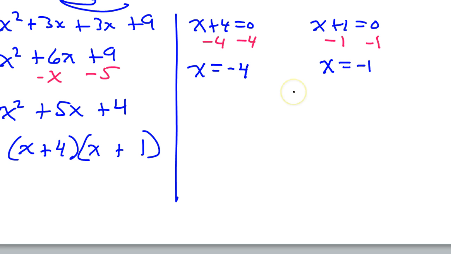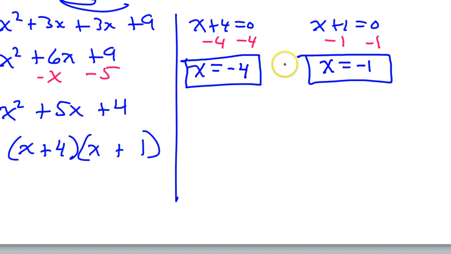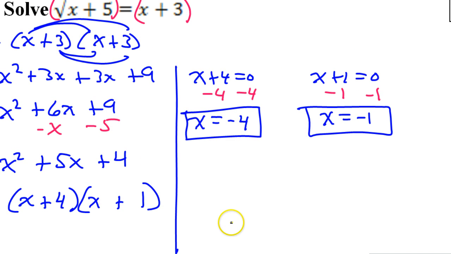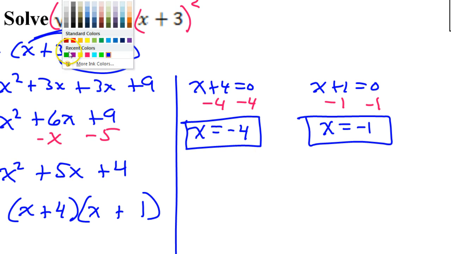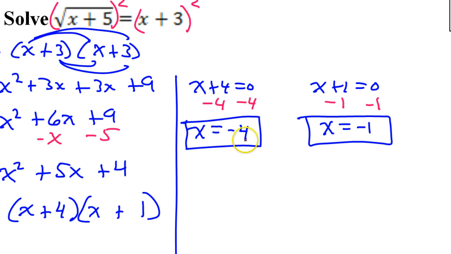Okay? Now, we just have to make sure that both of these solutions actually work when you plug them back in. Because sometimes one or both of these are extraneous, meaning they don't actually work when you plug them back in. So I'm going to do my check here in green. If I do the negative 4, okay, so this is my check.